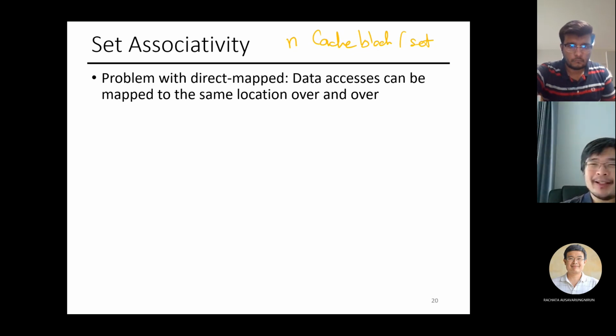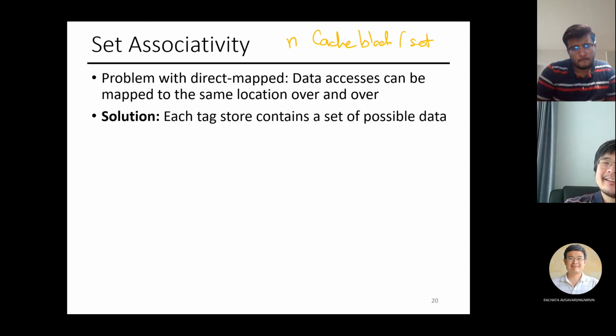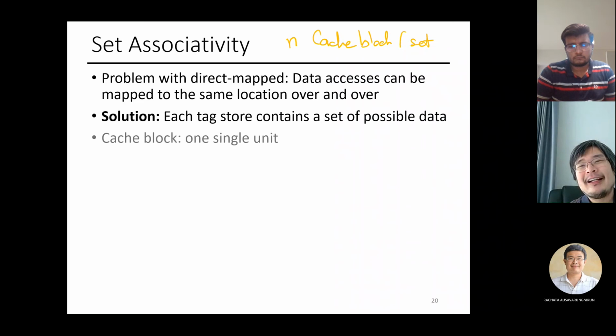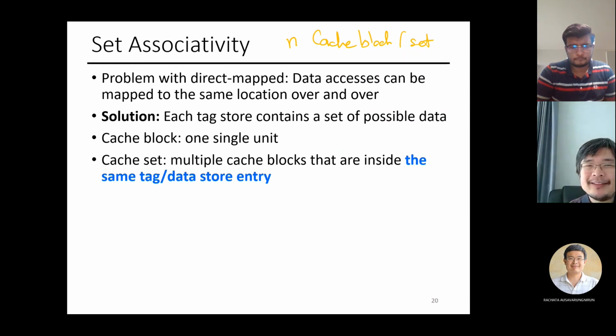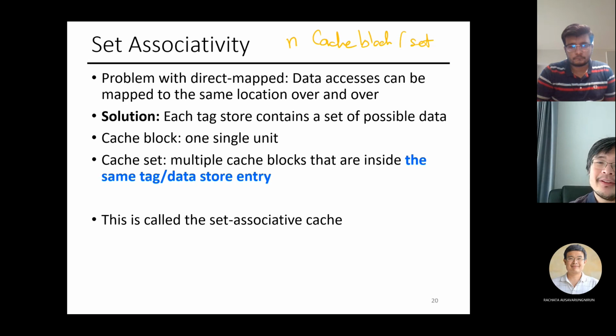So the solution is to add more cache blocks per set: first, you extend the tag store to store multiple tags and extend the data store to store multiple cache blocks. A cache block is one single unit. So in a set, you can have multiple cache blocks. It will be inside this giant, bigger tag store and data store. Now it contains multiple tags. This is called set associative cache.